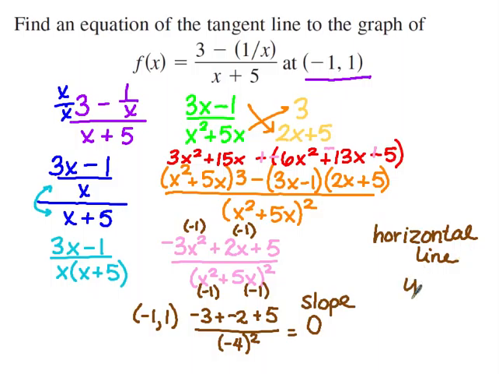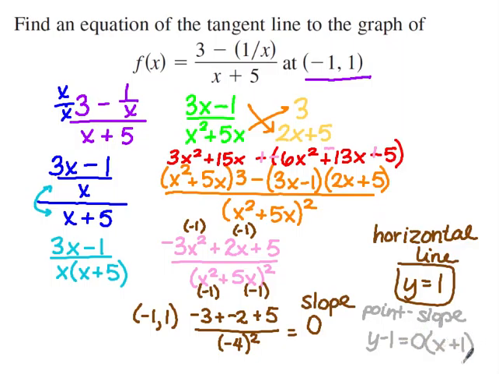Y equals 1. And that is your equation of the tangent line. Another way you could have done that: once you find a slope of 0, you do point slope form, which would have been y minus 1 equals 0 times x plus 1. And that would have gotten you the same case.